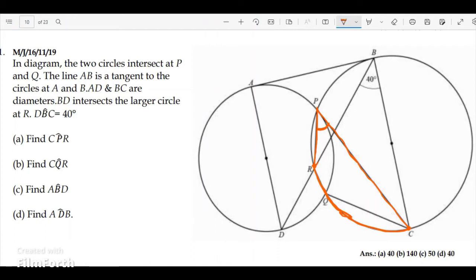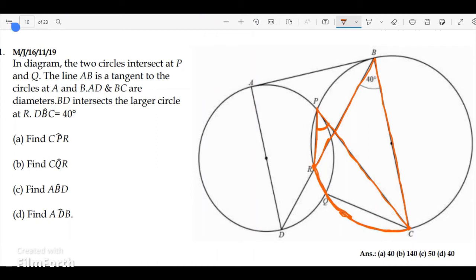So if you notice, the same arc or the same points are making this angle as well. You see that? So these are being made by exact same points, same arc. And what arc was that? CR, this arc.